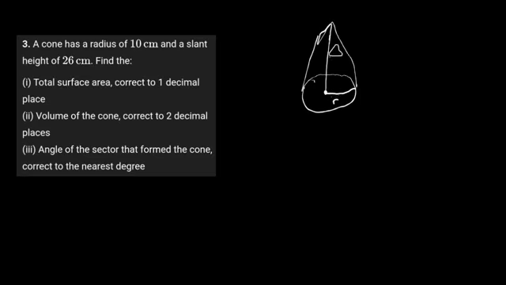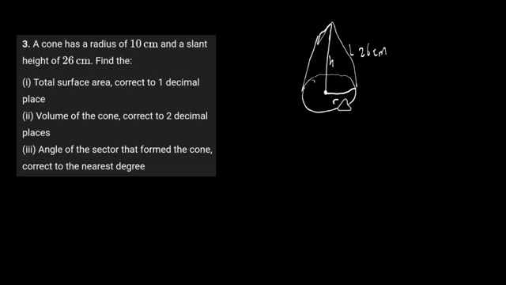This is called the height of the cone. From here to this place is the slant height of this cone, and the slant height is given as 26. So this place is 26 centimeters, the slant height. Here is the height of the cone, and here is the slant height of the cone.